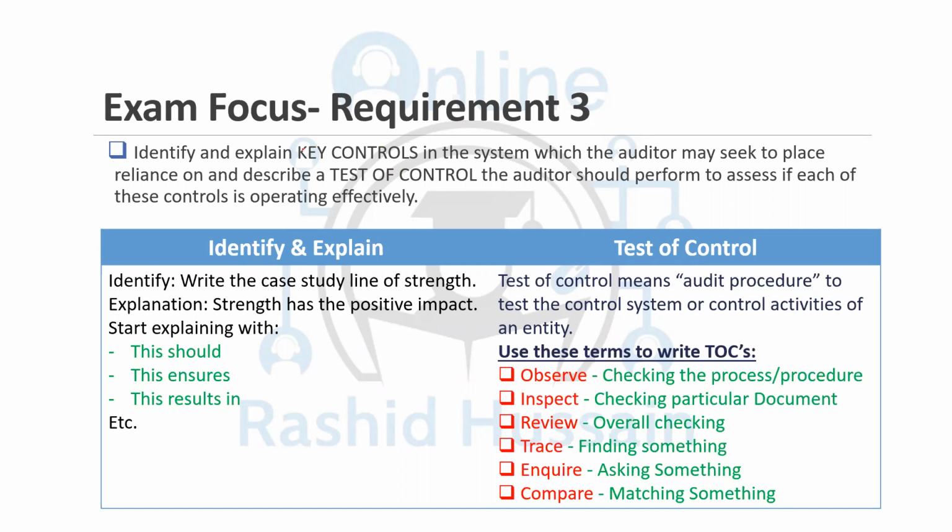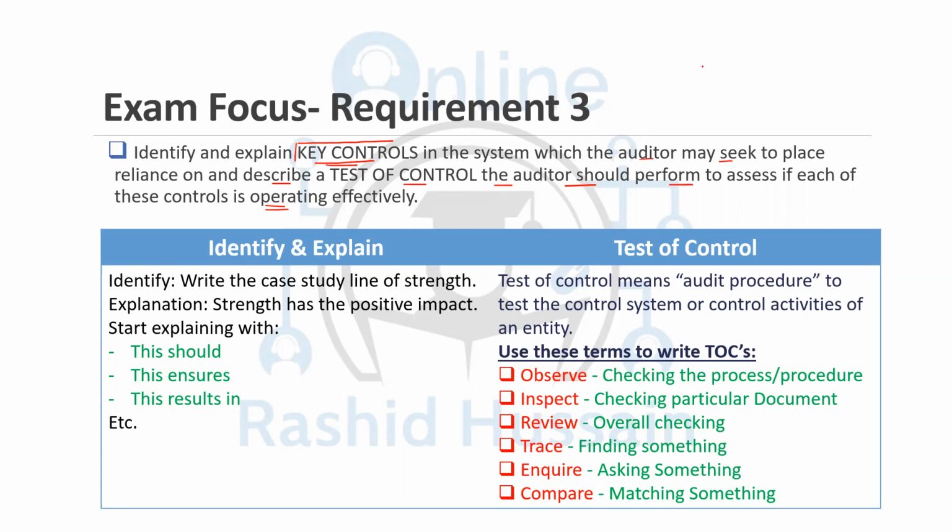But from the last 4 to 5 attempts, the examiner is using the term key controls in the system. This key control is actually the strength as well. "Identify and explain key controls in the system which the auditor may seek to place reliance on and describe a test of control the auditor should perform to assess if each of these controls is operating effectively."